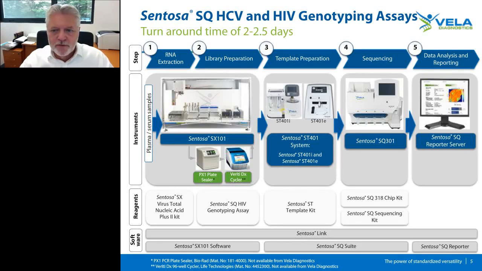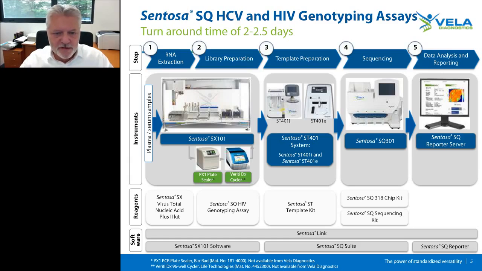The workflow we developed for NGS for HCV and HIV genotyping is shown here schematically. The different steps are shown in the upper panel. Since these are RNA viruses, in both cases we start with RNA extraction, then library preparation, template preparation, sequencing, and the data analysis and reporting. These are generic steps in this workflow. The instruments used for these steps are shown below.